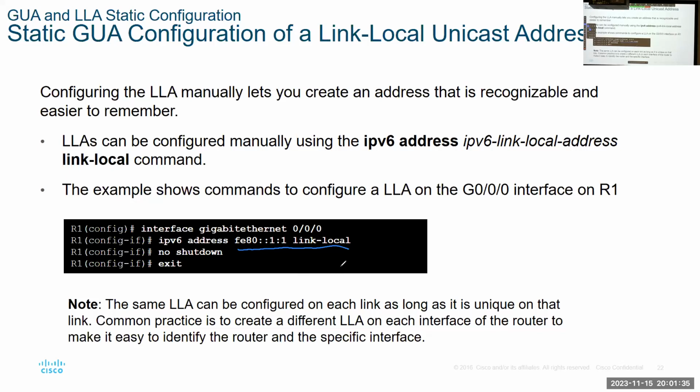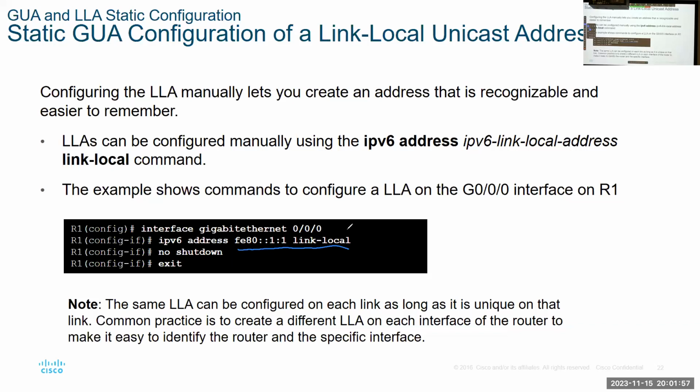Since they're only local, this router one's GigabitEthernet 0/0/0 will never talk to another router's GigabitEthernet 0/0/0, as long as they're not on the same link together.